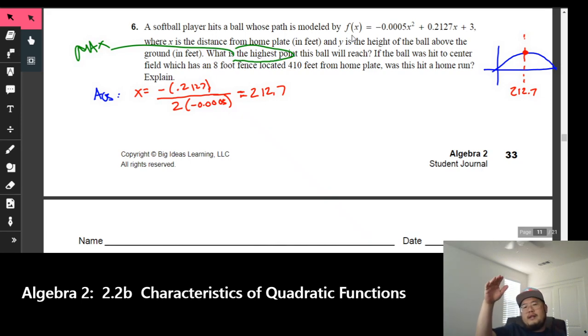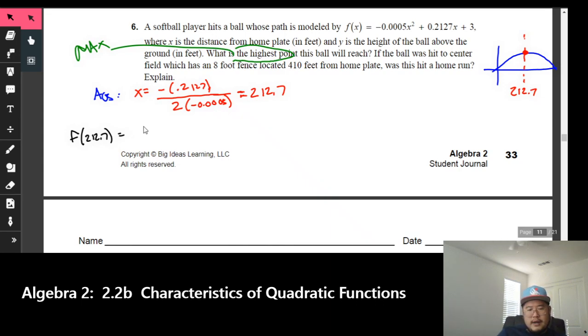How high it went? In order for us to figure out how high the ball is, we need to take this value of x and plug it into our function. So we put f of 212.7, because that's supposed to be our value of x. This will help us figure out what y is.